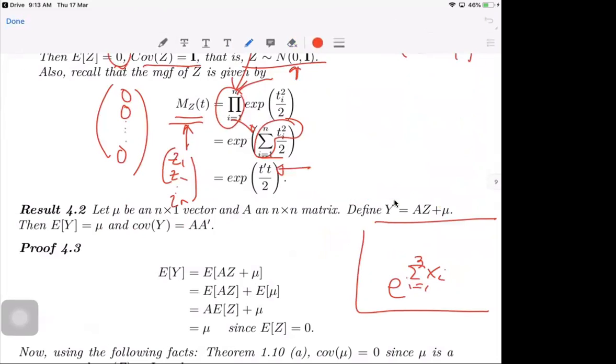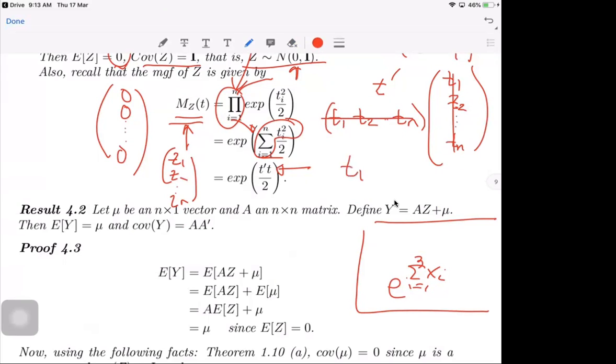If you have t prime, t1, t2 to tn, times t, which is t1, t2 to tn, this becomes t1 squared plus t2 squared and so on until tn squared, that is the summation of ti squared, i from 1 to n.